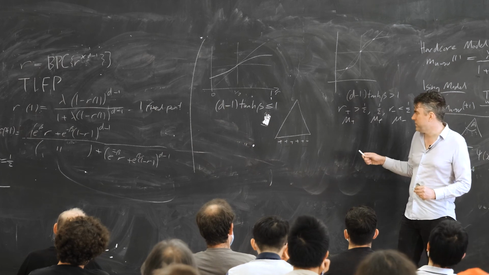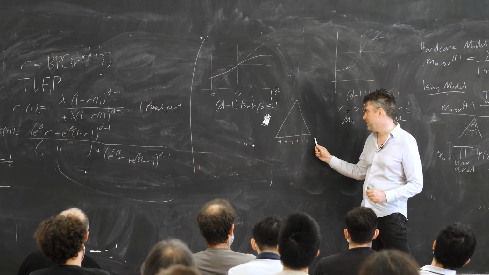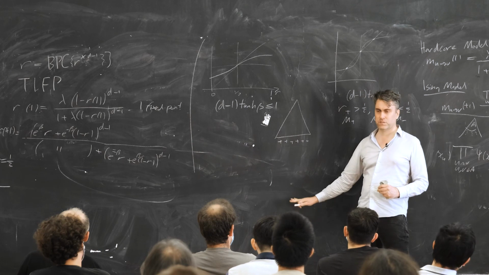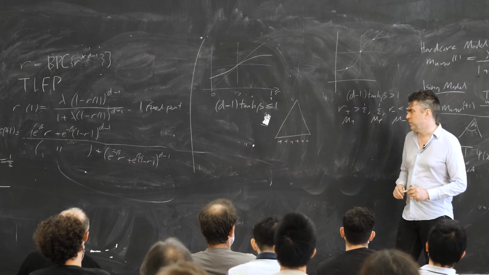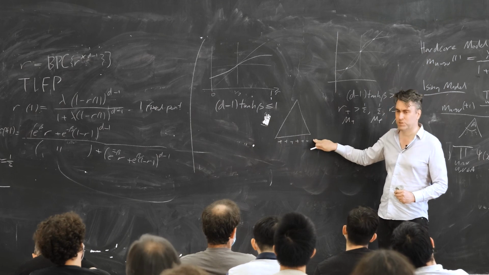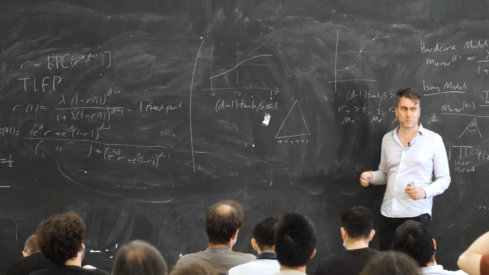Well, any Gibbs measure can be realized by taking a random boundary condition or a sequence of those, because you just take the boundary condition according to that Gibbs measure.